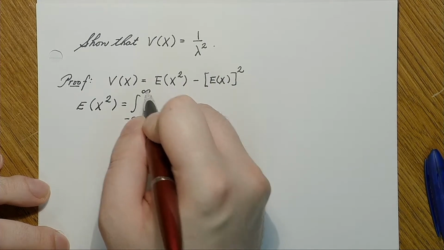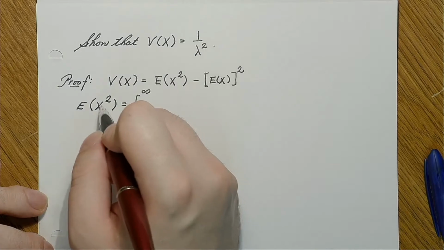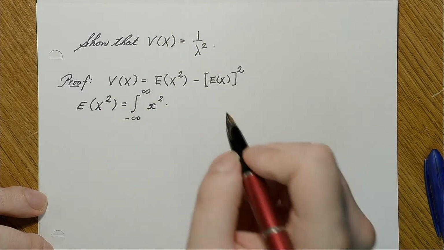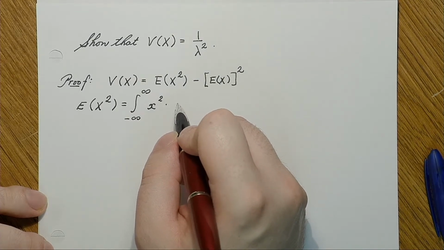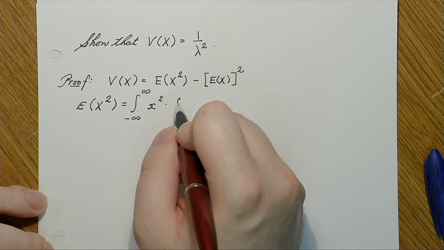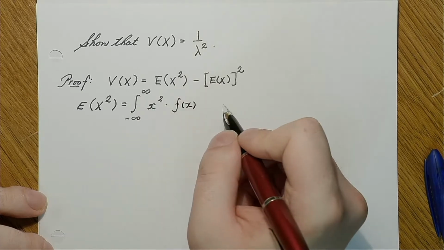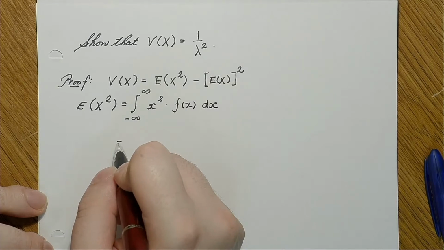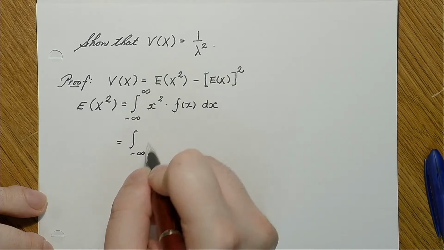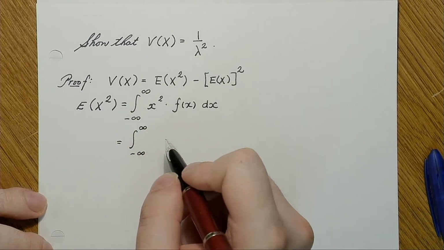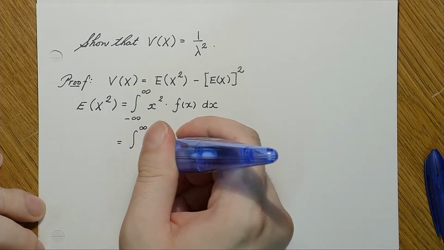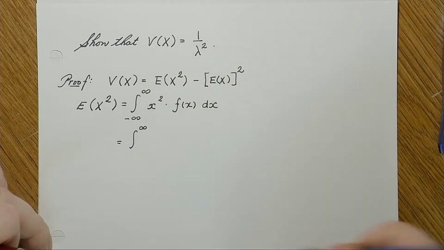And by definition, it's its value. So in this case, it's x squared times the PDF. My domain is going to be still from 0 to infinity.